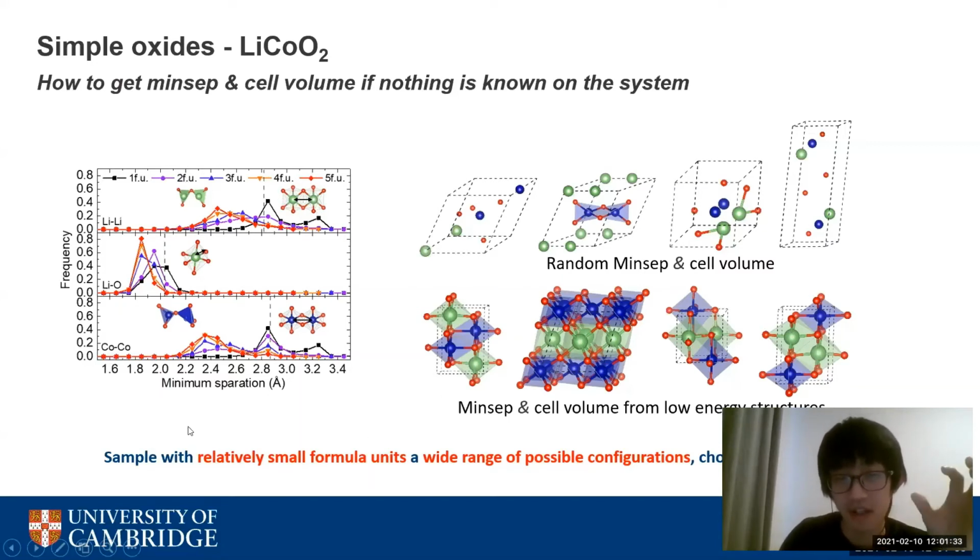An easy way to get this minimum separation is to sample with a relatively small number of formula units, in a wide range of possible configurations, and then choose the ones coming from the low energy structures. So basically, I'm telling you how we can get these minimal separations from ab initio calculations.